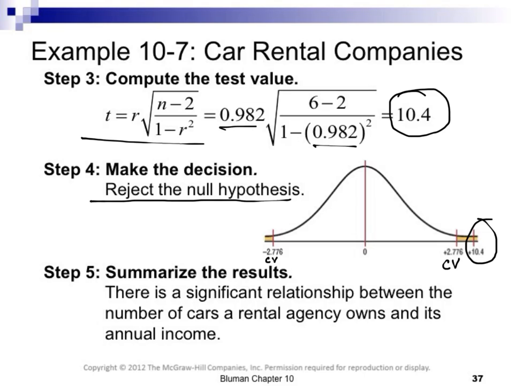Remember, this is our rejection region, and this is our non-rejection region. So summarizing the results is always step 5. There is a significant relationship between the number of cars a rental agency owns and its annual income. So, again, we're testing the strength of this correlation coefficient, testing that for your hypothesis in Chapter 10 here.